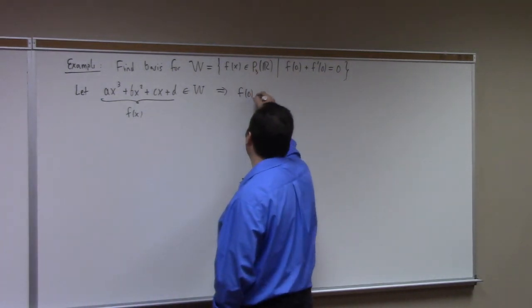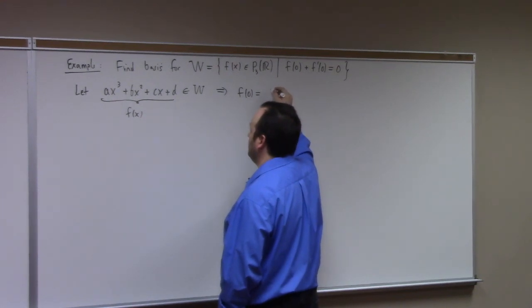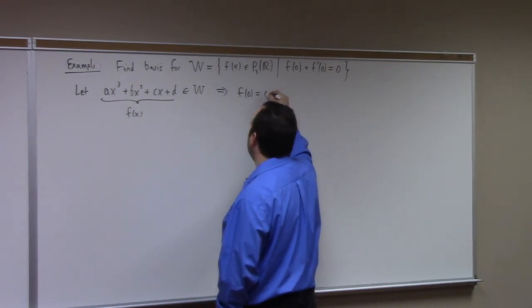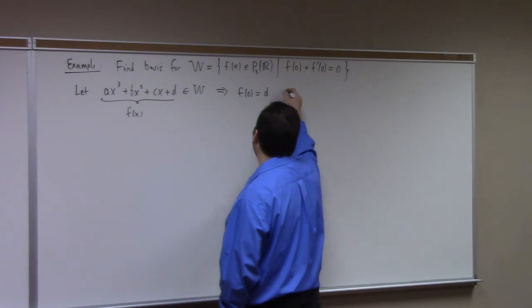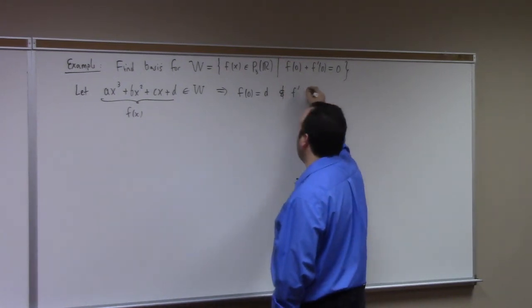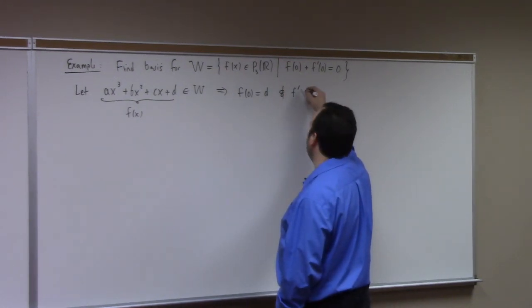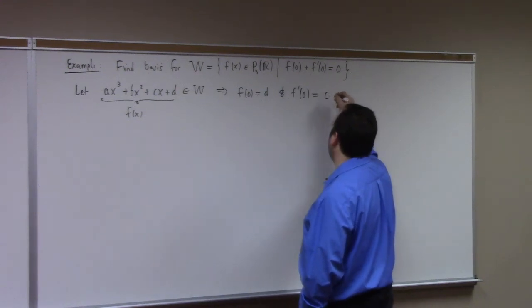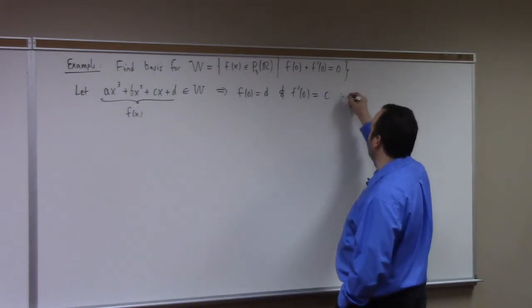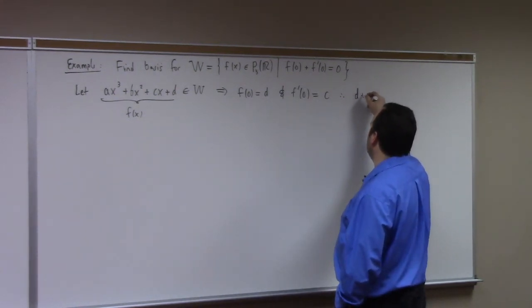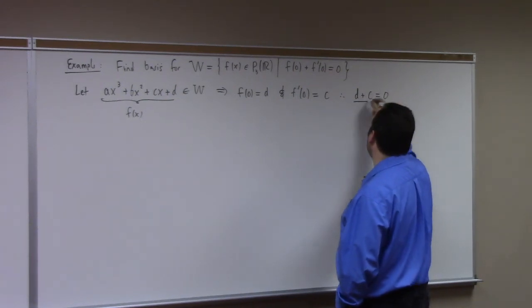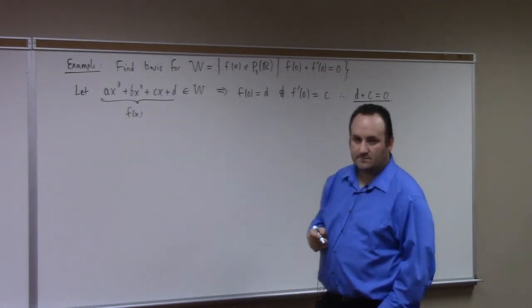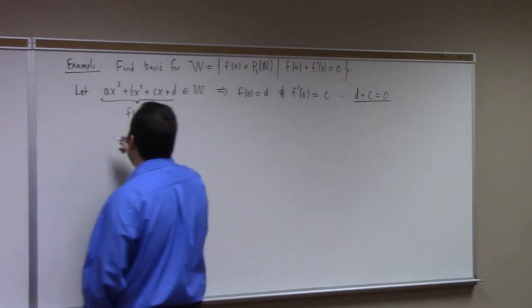What do we get? f of 0 is what? d, okay. And what's f prime of 0? Well, f prime of 0 is c. So therefore, what's our equation? We've got d plus c equal to 0. So really, W is what?